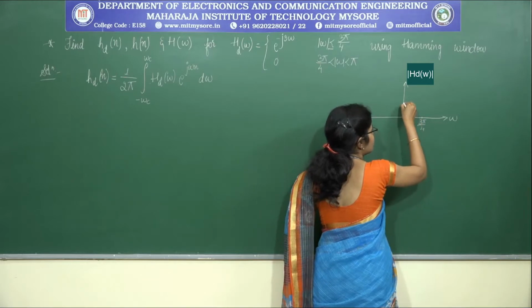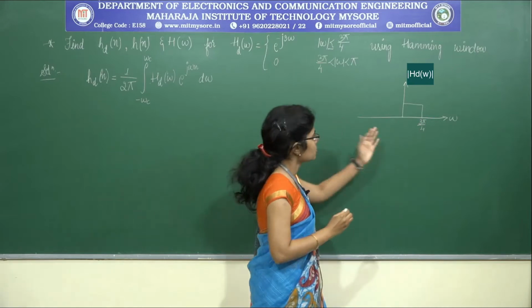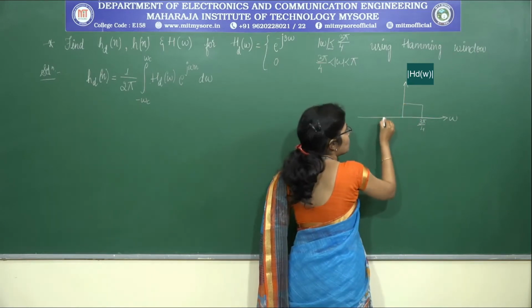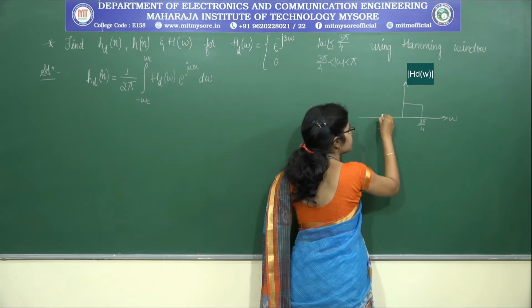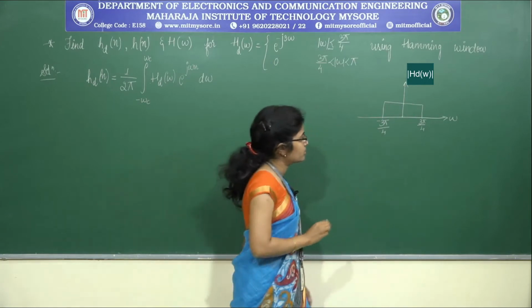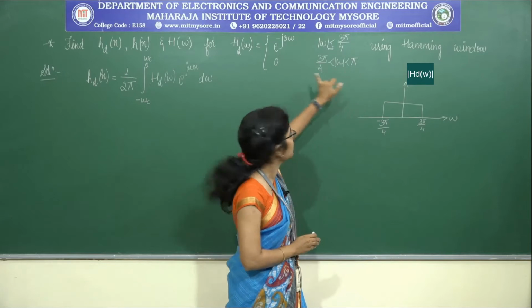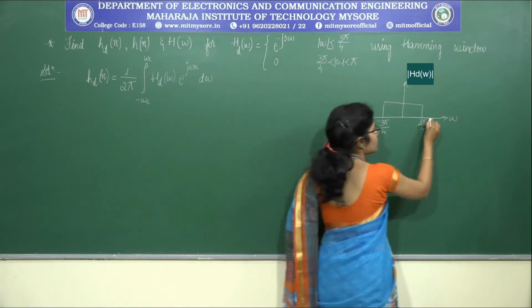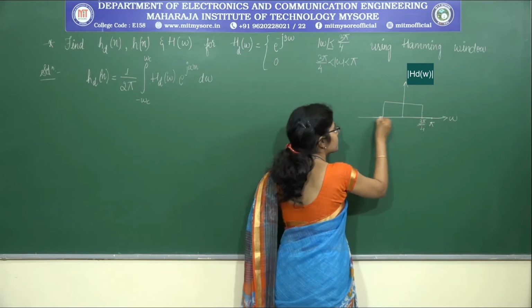For this range we are getting the response. If I take the mirror image, at minus 3 pi by 4 we get the same response. Then from 3 pi by 4 to pi the value is 0, and again here it will be 0.